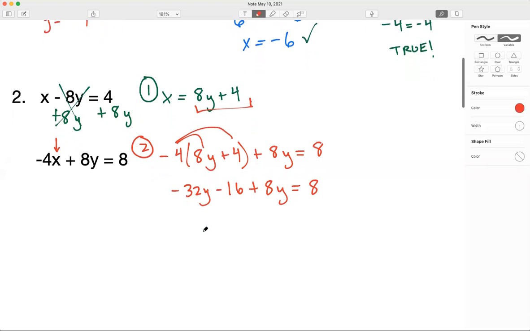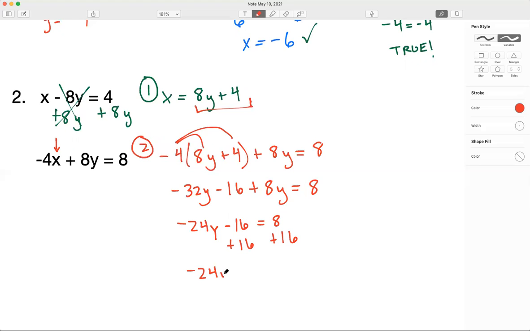Let's continue solving for y. All right. Negative 32y plus 8y. I'm going to combine those, and I'm going to get negative 24y minus 16 equals 8. Now I'm going to move over the 16, adding it to both sides, doing the opposite of what I see.